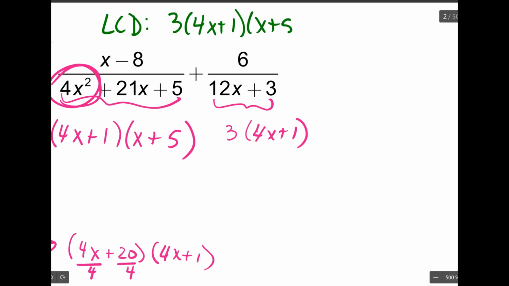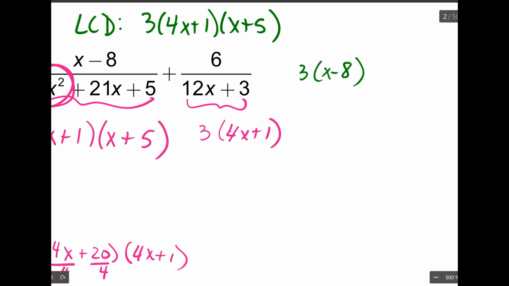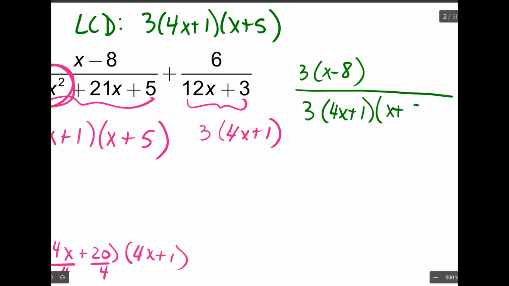Make sure I'm writing the least common denominator. So I see on the left side, you said you're missing a 3. Okay, so I'm going to say 3 times x minus 8. And on the right side, we're missing x plus 5. Plus 6 times x plus 5.